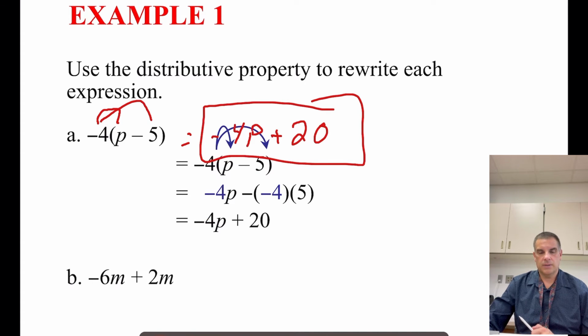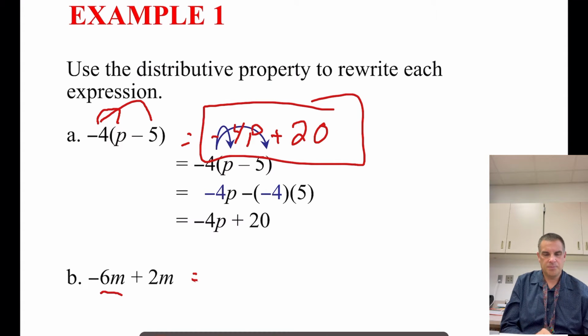Now, the opposite of the distributive property is being able to factor things out a little bit, or combining like terms. You could use the distributive property if you wanted to factor things out.